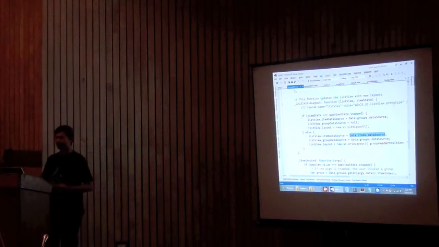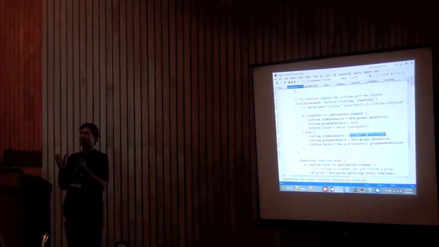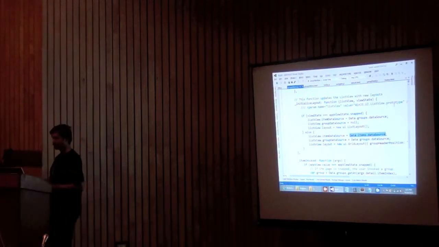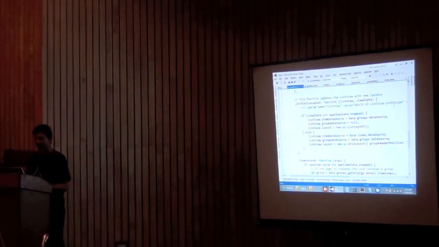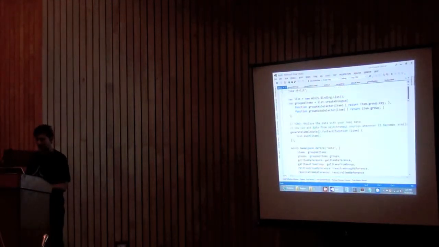So WinJS provides some utility functions that allow you to structure your code in a better fashion. For instance, there is this concept of a namespace, right? If you see this data.js, I think right at the top perhaps, there it is.